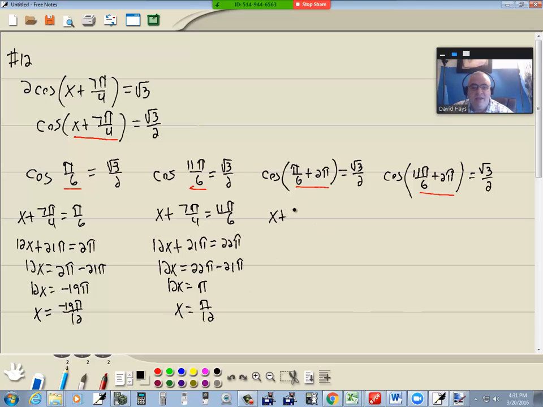This one, x plus 7 pi over 4 is equal to, if I use mixed numbers, 2 times 6 is 12, plus 1 is 13. That's 13 pi over 6. Multiply by 12, I get 12x plus 21 pi is equal to 26 pi. Take the 21 pi over, I get 26 pi minus 21 pi. 12x is equal to 5 pi, or x is equal to 5 pi over 12.